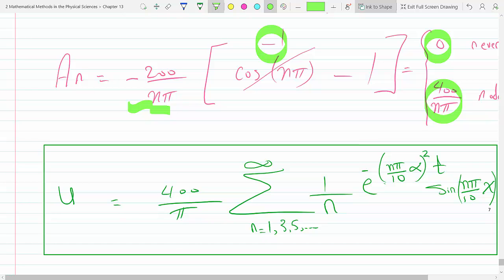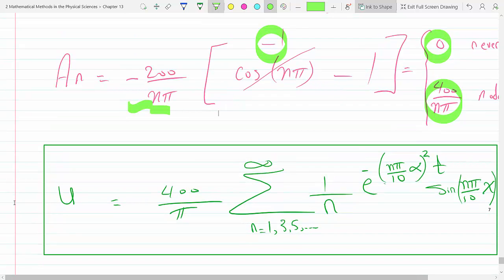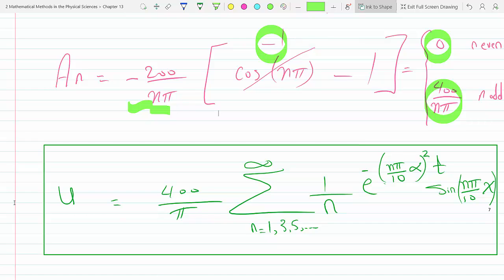And so the solution for the heat flow distribution will be 400 over pi summation 1 over n. The exponential, the first part, was the solution for the temporal component, and the sine term is the spatial component.